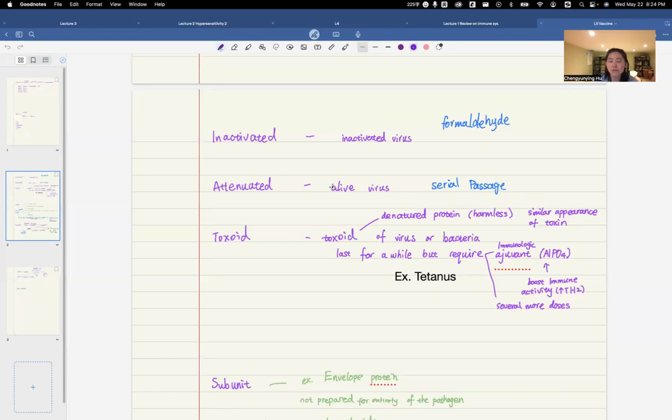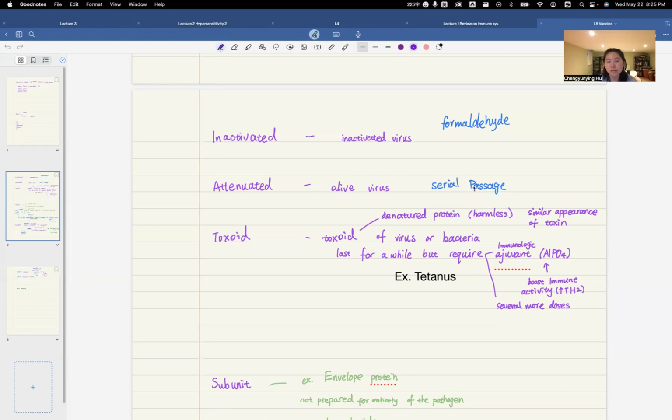If we give a live virus, you might ask, isn't it dangerous to give a live virus to a person? That person may die from this virus. No, because we are giving a live virus, but this virus is modified in the lab through a process called serial passage.